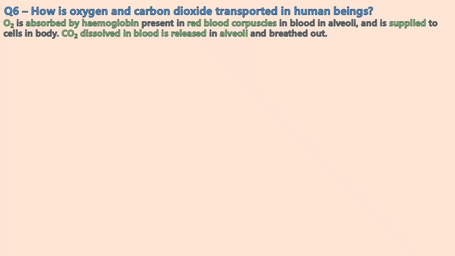These alveoli have blood vessels, and the O2 is absorbed by hemoglobin present in red blood corpuscles. This oxygen absorbed by hemoglobin is supplied to all the cells in the body. The CO2 which is dissolved in blood is released in alveoli and it is breathed out.